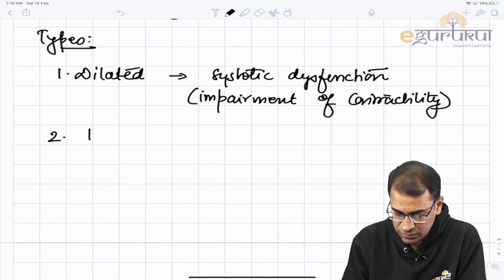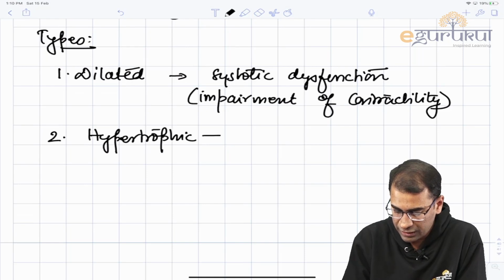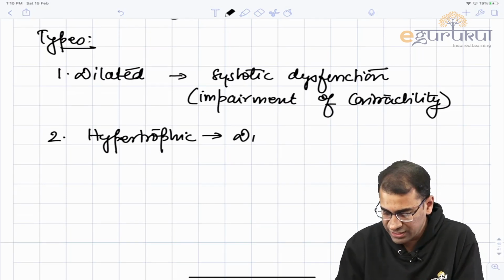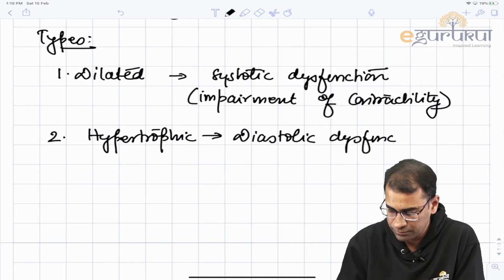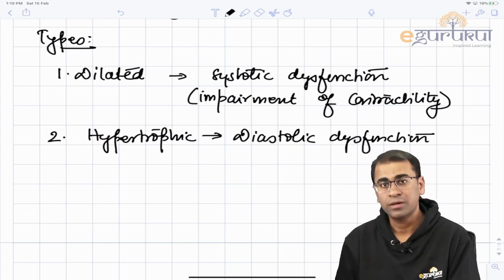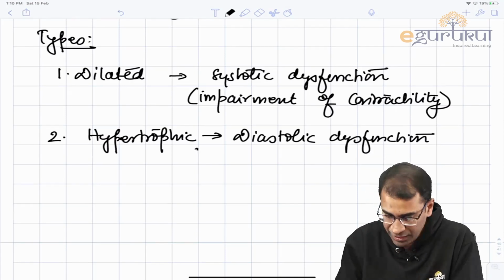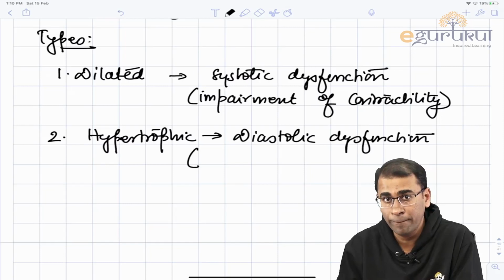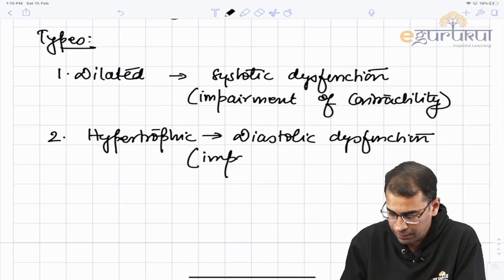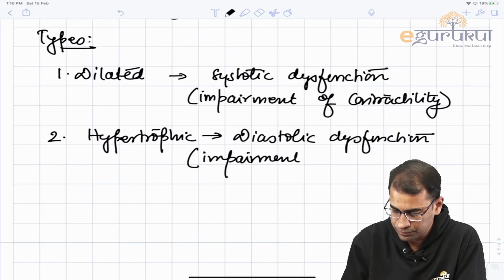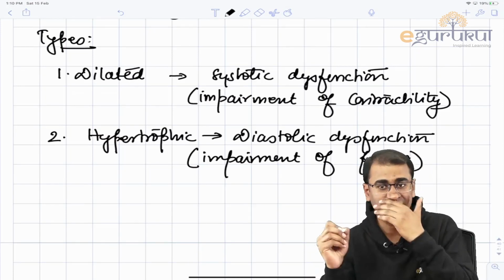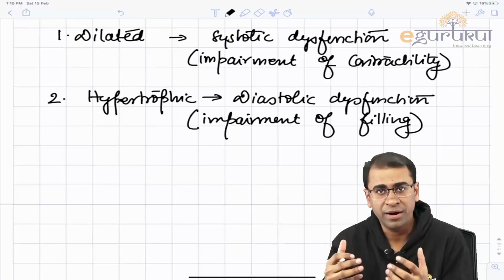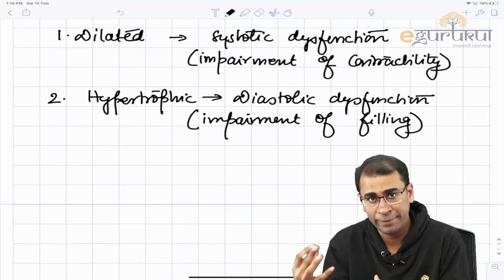The second one is hypertrophic. The main problem here is diastolic dysfunction, because the main problem is impairment of compliance. There is impairment of filling of blood, also called impairment of compliance.